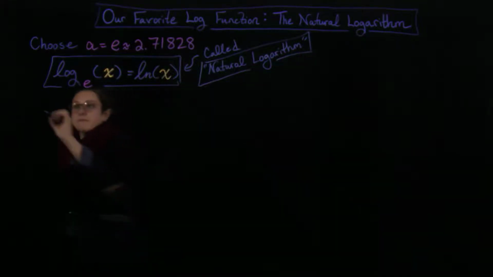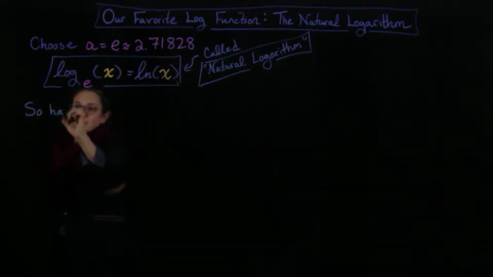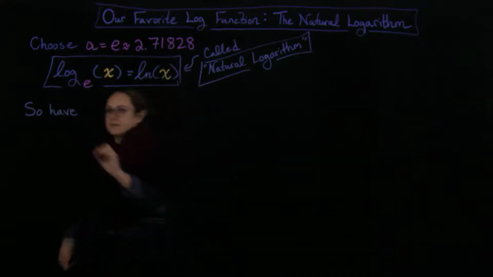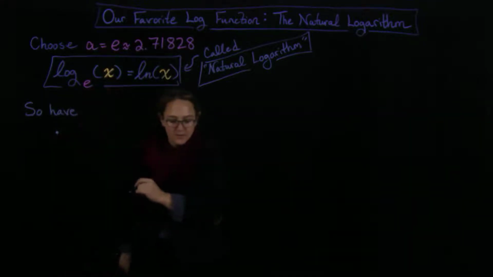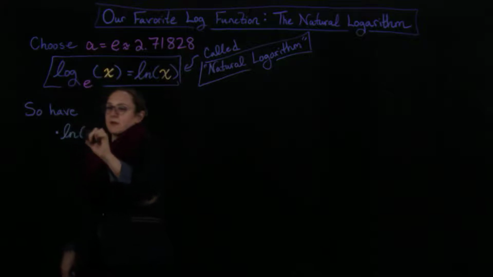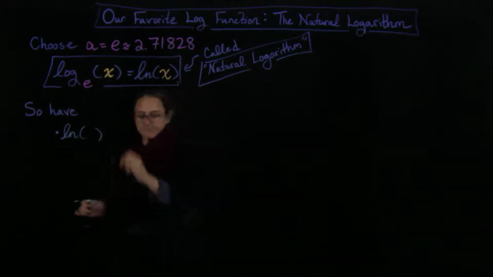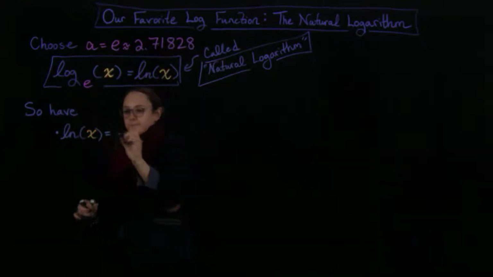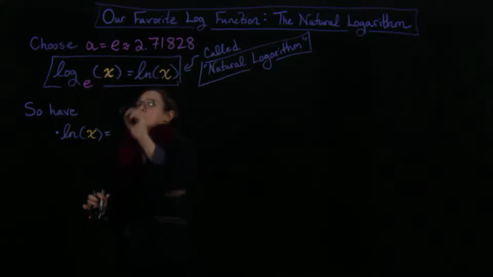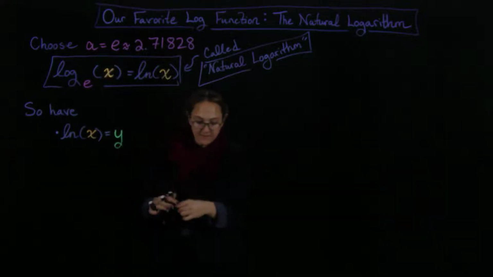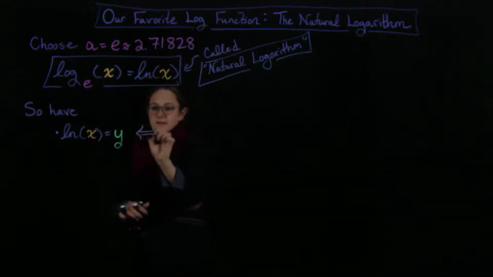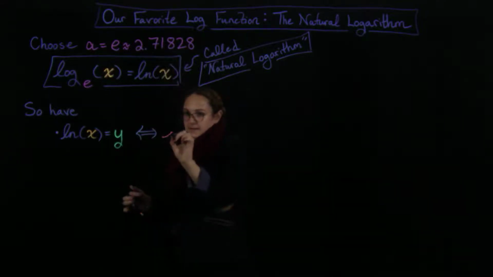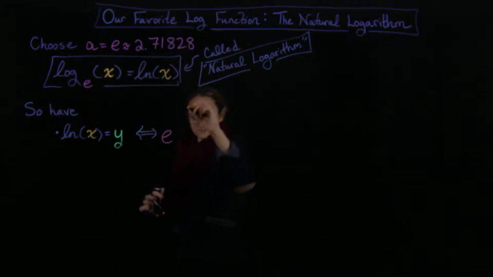So what does that tell us? We've talked about logarithms with base a, and now we replace a with e. Here are some things we know. If we take the natural log of x and get out y, so when this equals y, that tells me that e to the y equals x.